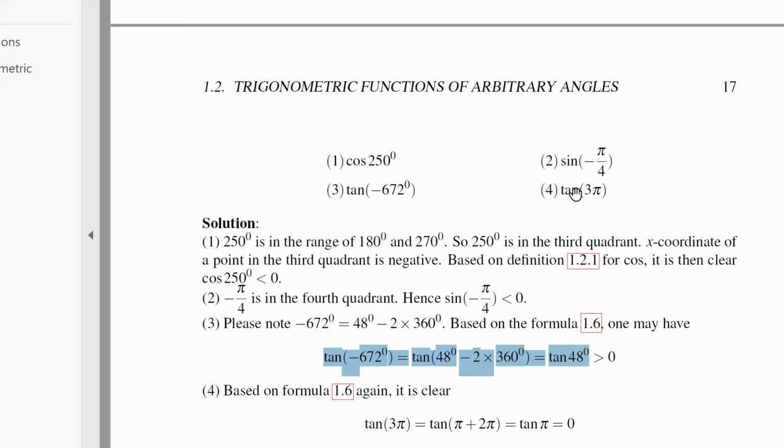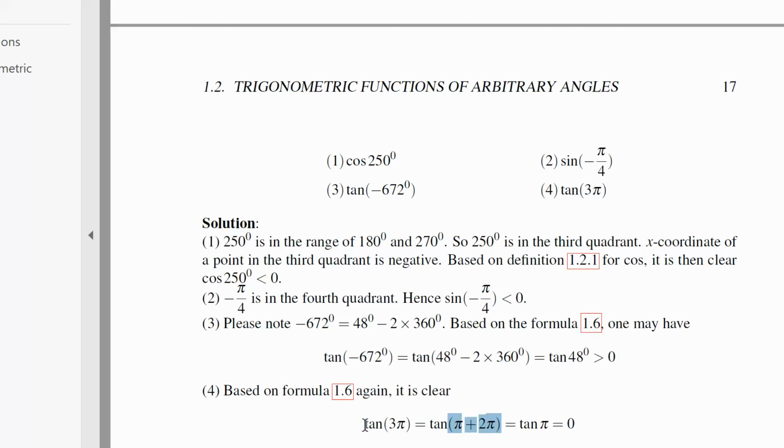Now, the last one is tangent 3 pi, where 3 pi equals pi plus 2 pi. This basically tells us pi is the coterminal angle of 3 pi.